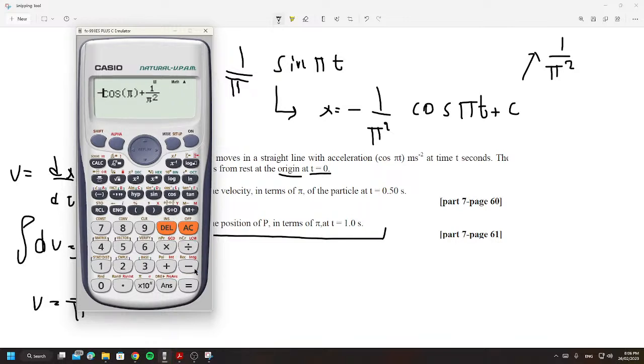I forgot the negative sign. Yeah, so c is equal to 1 over pi squared. But it told us in terms of pi.